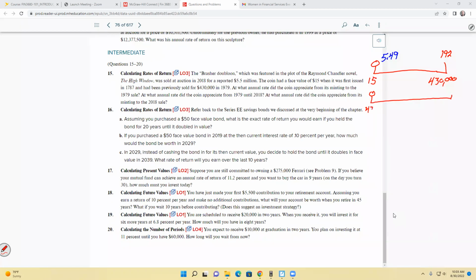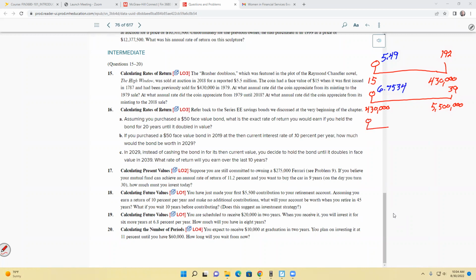We went from $430,000 to $5.5 million. That was 39 years. 6.7534, okay.